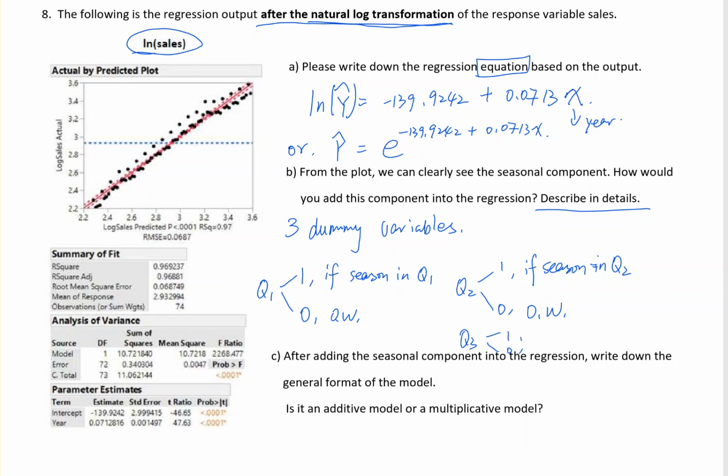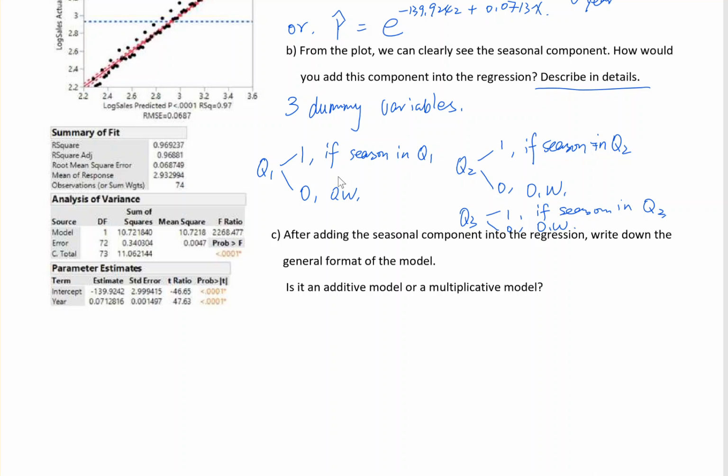Let's say we use Q4 as the default, right? So this is how you add the seasonal component into the regression. First you need to set 3 dummy variables, and then for each dummy variable you need to set it like this.